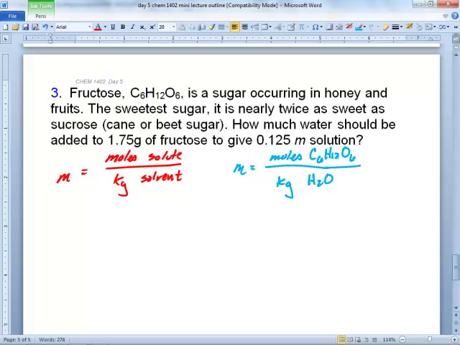Water is always the solvent, the one that you have more of. And there's also kind of a hint saying how much water should be added to 1.75 grams of fructose. So they're really dumping in a lot of water. Water's definitely the solvent. That's okay. Does this make sense so far then? Okay, Caroline, what would you do next then?